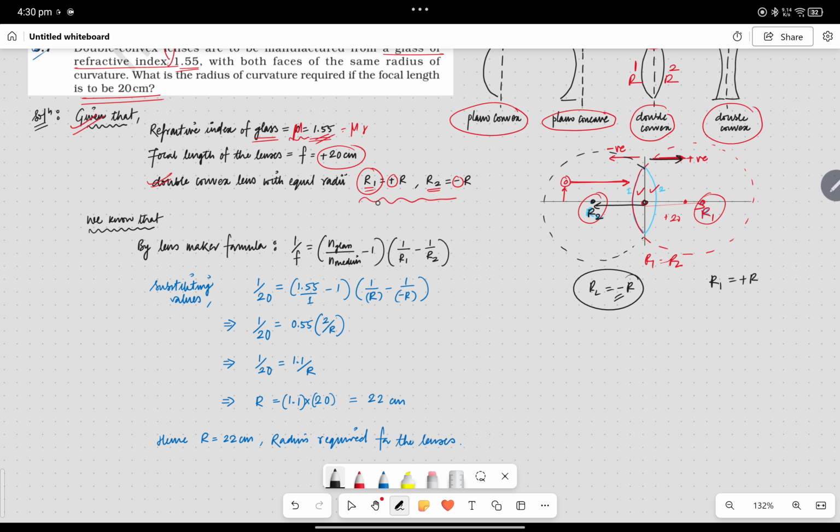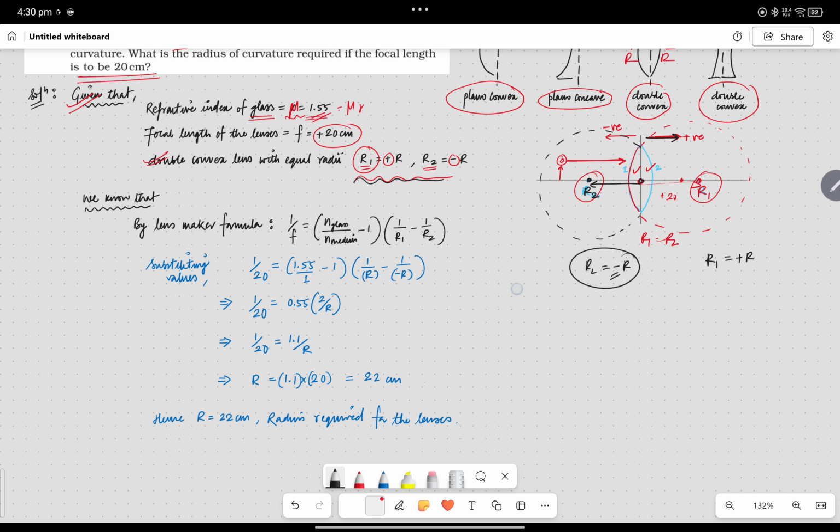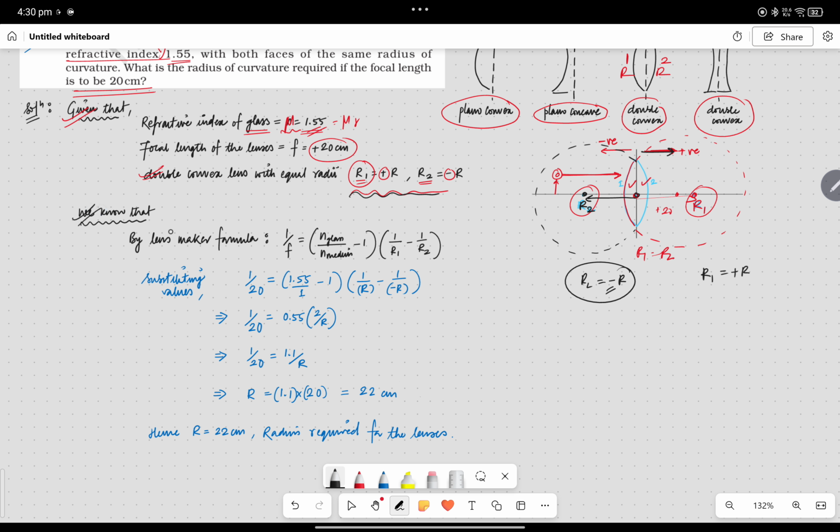Now once you get that sign convention right, you are going to get to the right answer. Simply, we know that by the lens maker formula, 1 by f is equal to (n glass by n medium minus 1) times (1 by r1 minus 1 by r2). N glass is given, and n medium is air here, right?